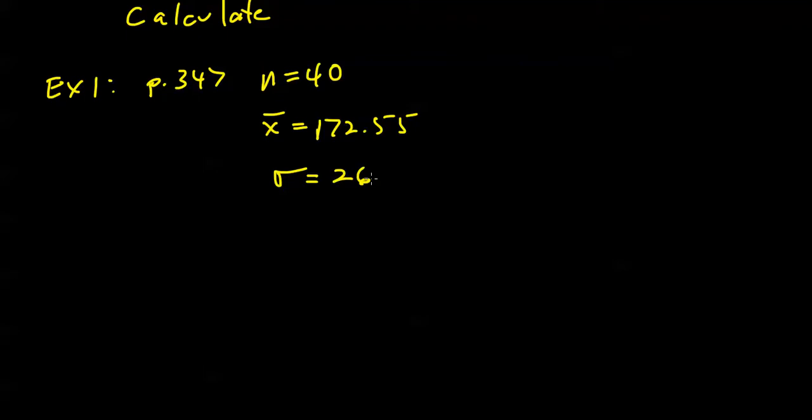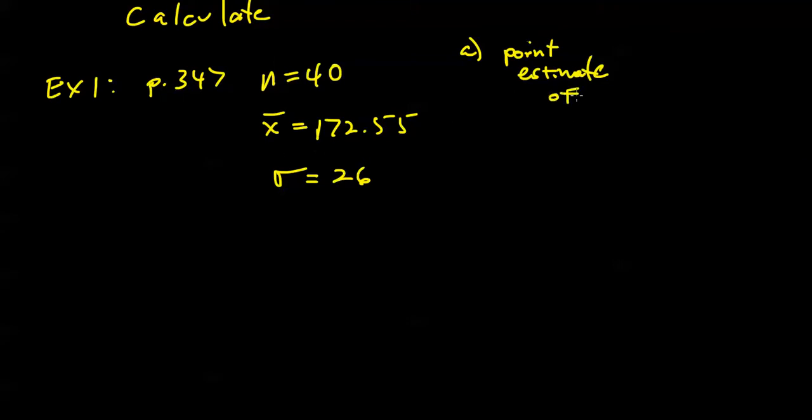Alright, so what do we want to do? If I turn over a leaf, it has an A, B, and C section. A, find the best point estimate of the mean weight of the population of all men.